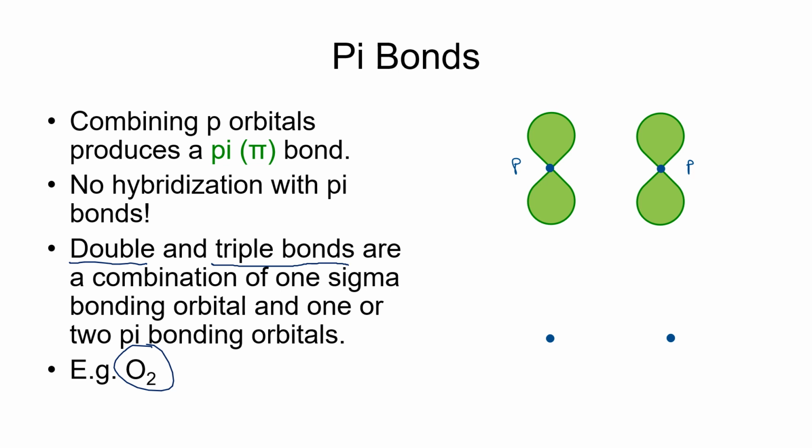When we bond the first oxygen to the other oxygen, we end up with a sigma bond that takes up the spot directly between the nuclei. That's great, now we've got one bond between the oxygens. But we know that oxygen needs two bonds in order to be stable, right? If you do the Lewis structure here, you know that we need to bond it twice. So we've got one there, and we need another bond.